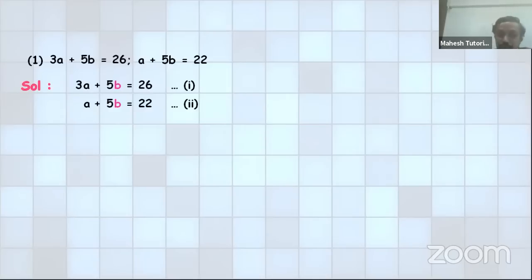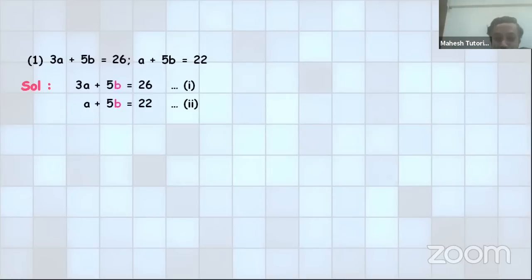Now moving further, students, once I select the alphabet of my choice, what we need to do is we need to make their coefficients equal. Chalo, so let us check the coefficients of B in both the equation. Students, tell me in equation 1, what is the coefficient of alphabet B? Perfect, 5.